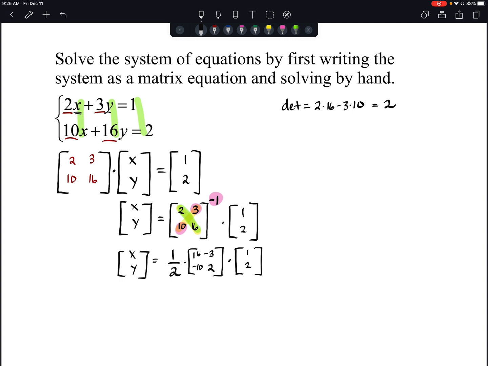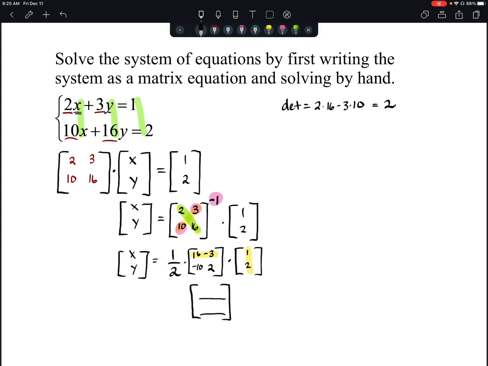All right, so if it's me, I'm going to go ahead and multiply the two matrices together first, and then deal with the 1/2 afterward. So it's a 2 by 2 times a 2 by 1, so our answer should be a 2 by 1. And we'll go ahead here and just do this row and this column.